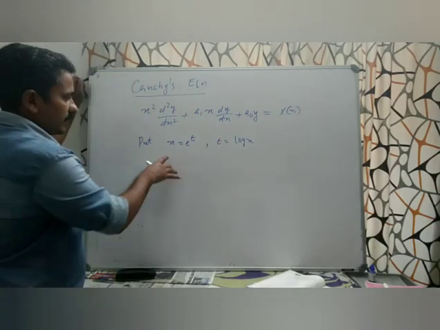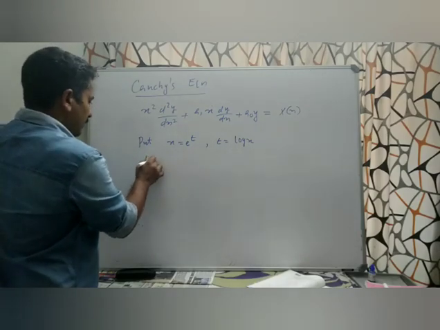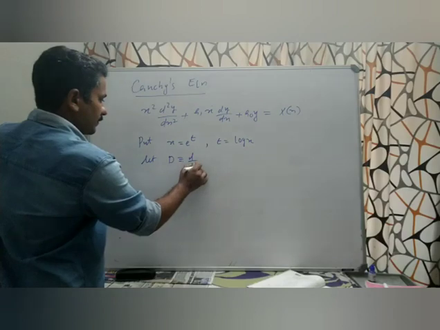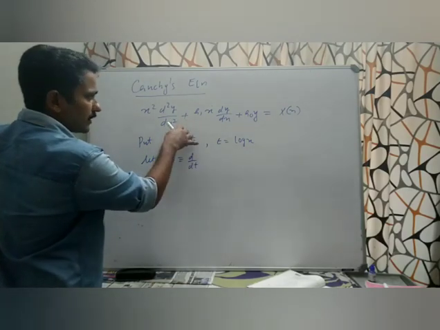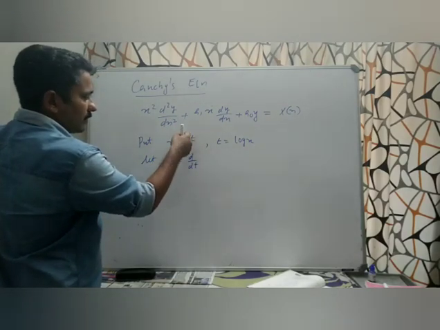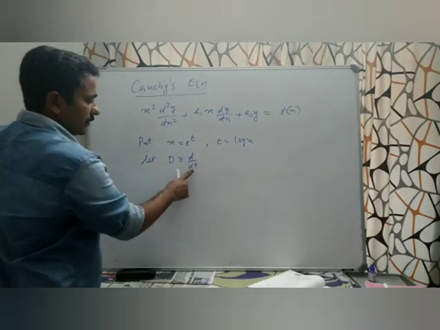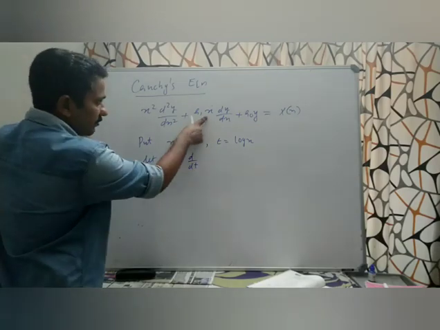And if we denote D as d by dt, that means our differential equation is going to be changed, and the independent variable is going to be t, instead of x.